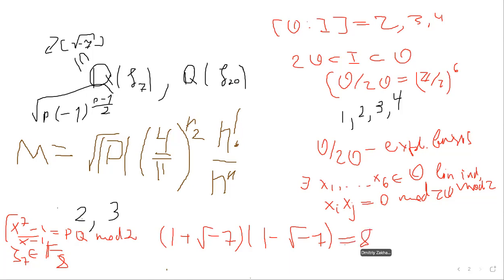And I suppose that you can divide this by 2. Probably this is an integral element. I guess that would still be an integral element, right? It's probably the way.